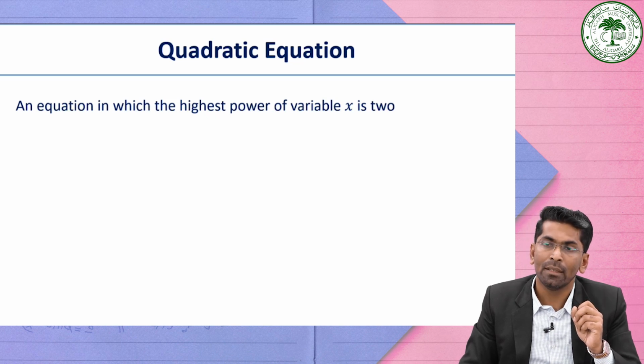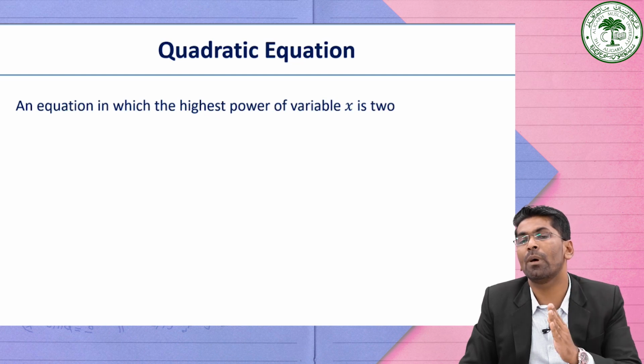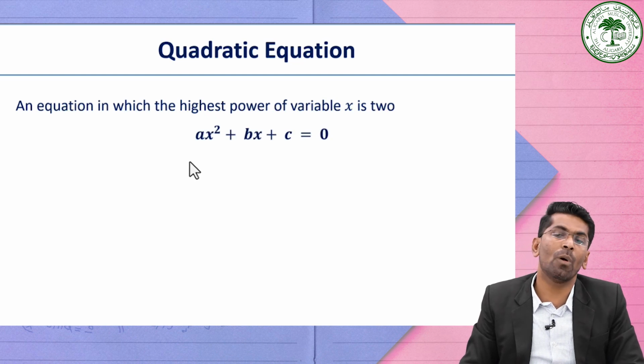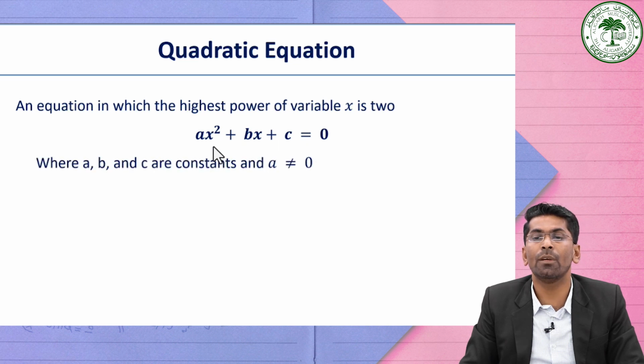So a quadratic equation is a second degree polynomial equation, meaning the highest power of the variable is 2. The general form of a quadratic equation is ax square plus bx plus c equal to 0, where a, b and c are constants and a is not equal to 0.